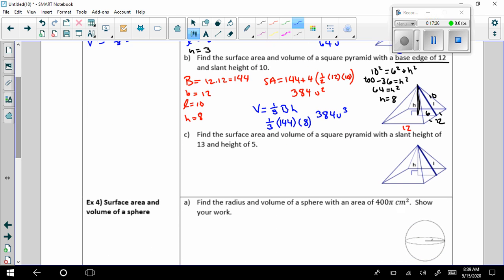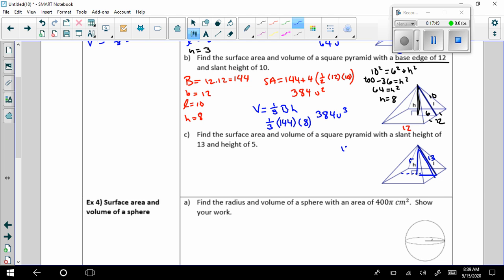Okay. And then find the surface area and volume given the slant height and the height. So the only difference here is that you have this height is 5, the slant height is 13. You have to find this length in order to get this length.